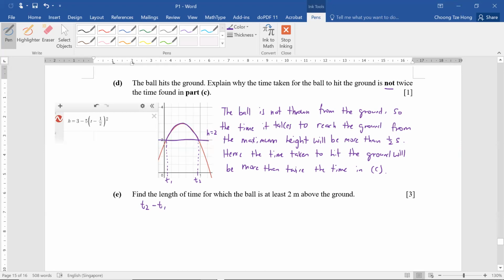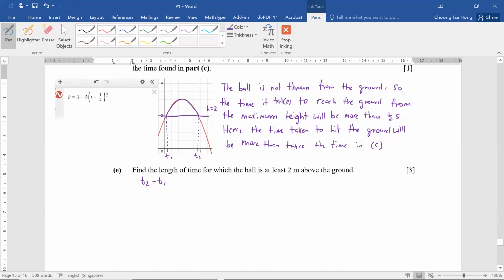To find intersection points, we'll solve simultaneous equations. So we can write when h equals to 2. When h equals 2, we find the two values of t. So this will be equals to 2.